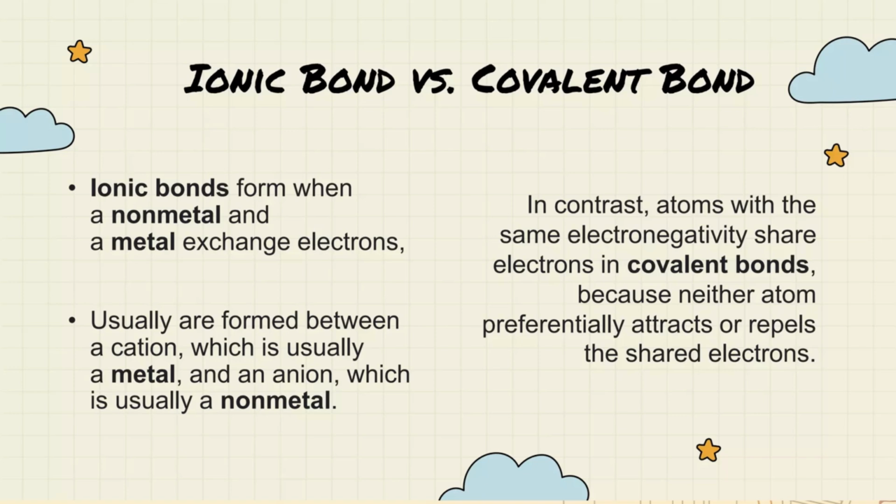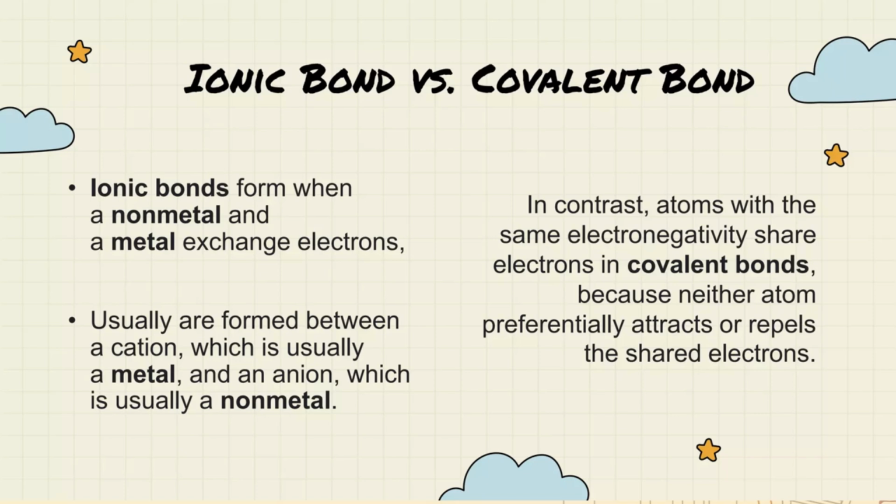Sa ionic compound, we have here the ionic bonds. Ionic bonds form when a nonmetal and a metal exchange electrons. So remember, ang ionic compound is formed kung ang non-metal na elements o ang metal na elements mag-exchange of electrons.